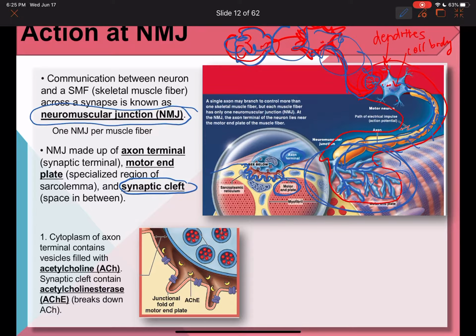Okay, so this whole process at the NMJ is kind of like that. The brain, let's say, is the CEO of your company, which is your body. Then you have all these senior managers working for him, like these motor neurons. So the one senior manager that is responsible for your chain of command, that particular muscle fiber we need to relay the signal to, will relay the message and signal to your direct supervisor.